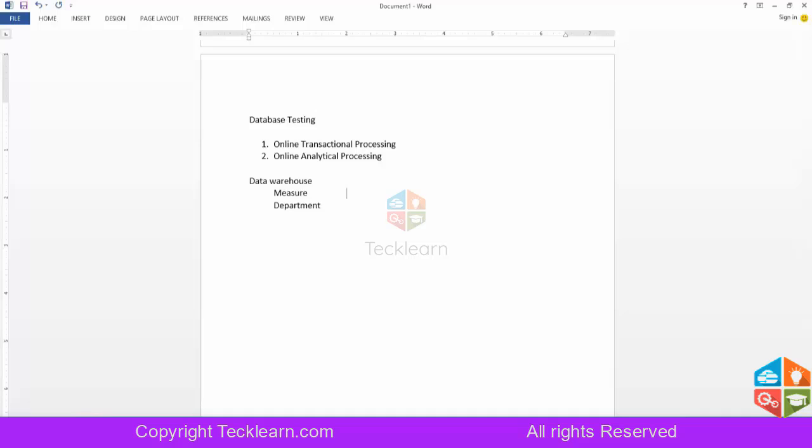In technical terminology, to understand what a fact is and what a dimension is for an organization. So what is the measure?